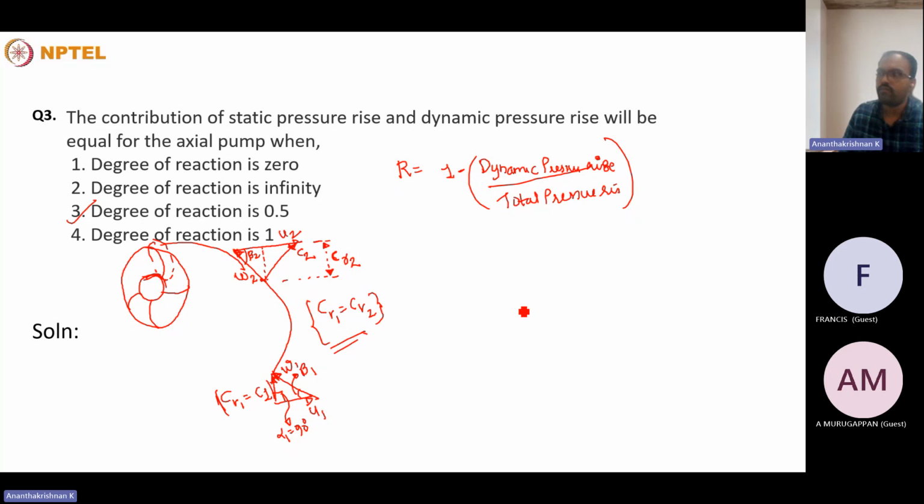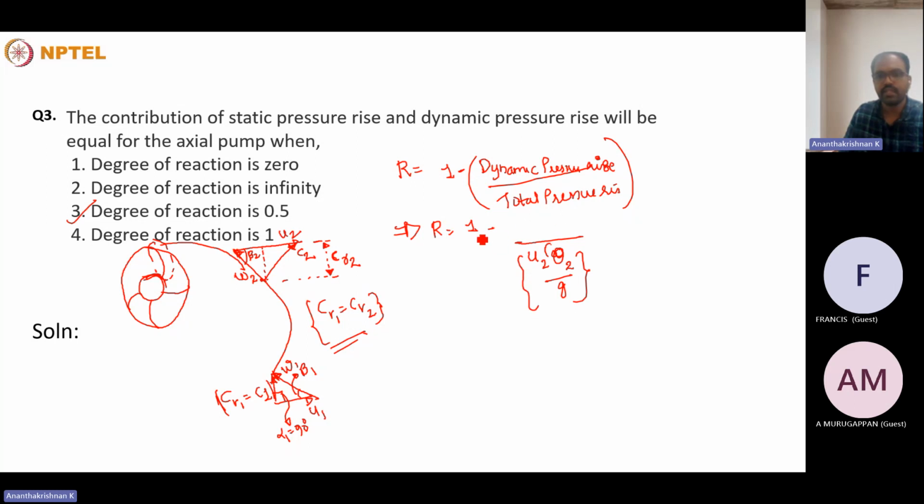And now we try to reduce this basic formula of the degree of reaction. R is equal to 1 minus dynamic pressure rise divided by total pressure rise. For the total pressure rise term, if you assume swirl free flow, we can write U2 into C theta 2 divided by g, that is the total head term.